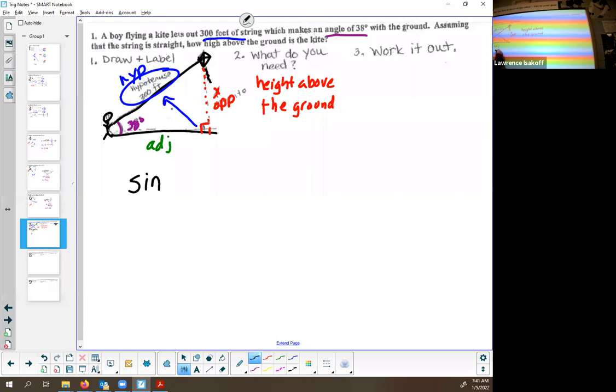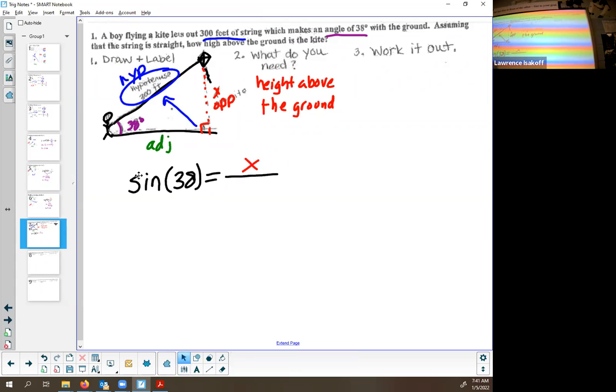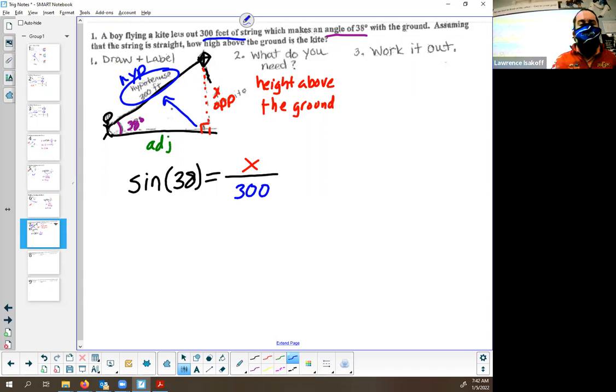I'm going to say the sine of 38 is equal to my opposite, x, over my hypotenuse of 300. Now it's just a matter of solving for x. When we open the Desmos calculator, we must remember to go from radians to degrees. Otherwise, things are going to get ugly for us. It's not going to give us correct answers, and that's going to be an issue.